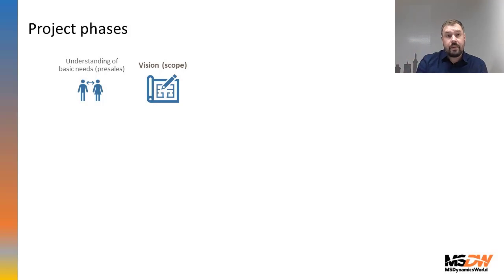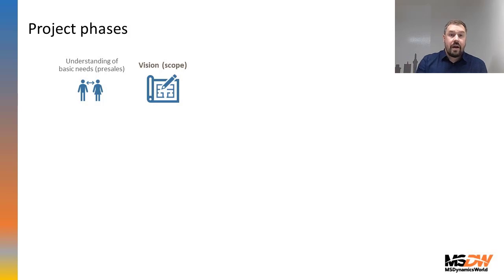From above, when we look at such implementation projects, there are 3 phases we see in how the project develops. The first is the pre-sales phase, where you speak 2 hours, maximally 8 hours one day with the customer, and you are trying to understand the basic needs of the customer.